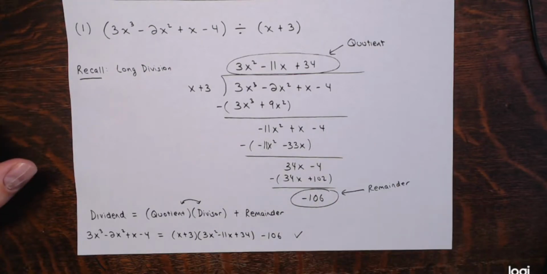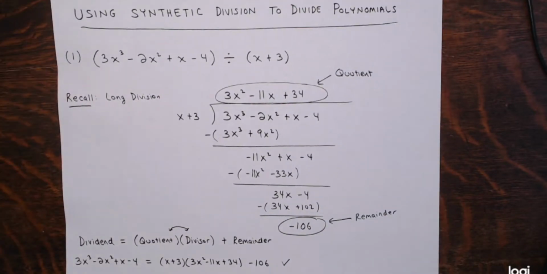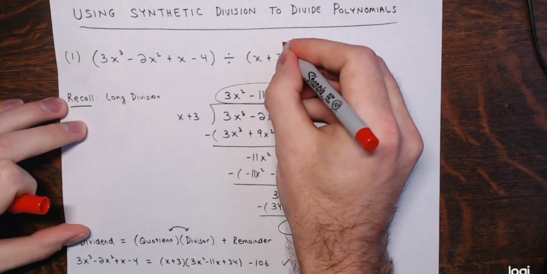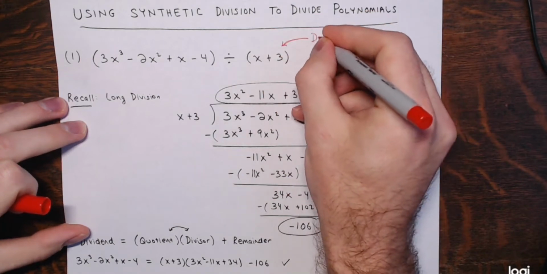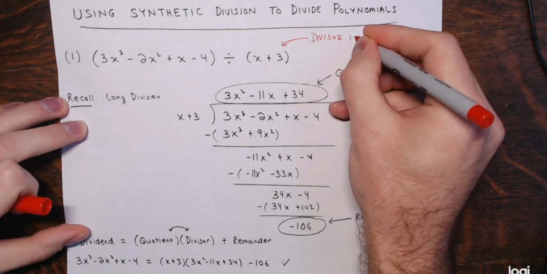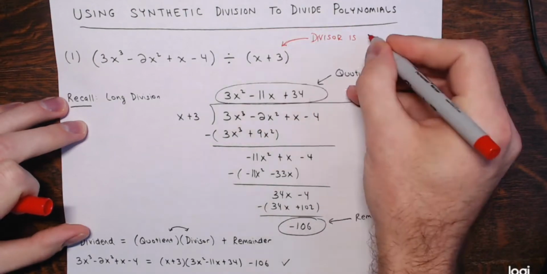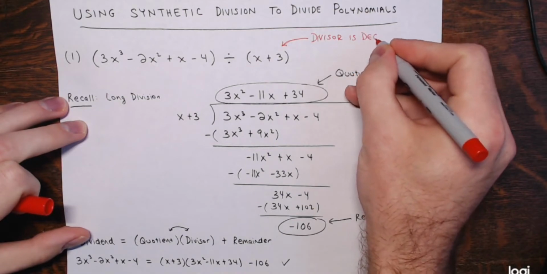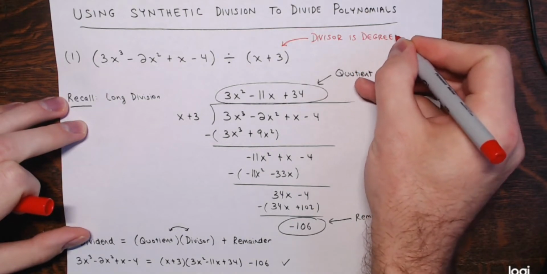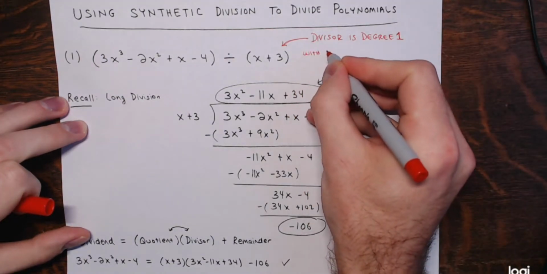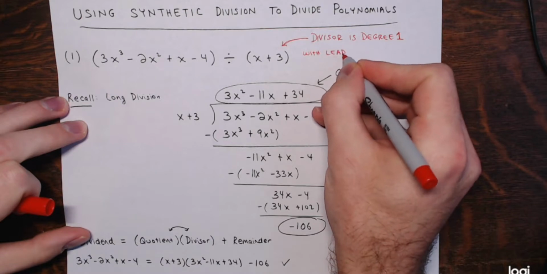Now, because the divisor is degree 1, an x to the first power polynomial, the divisor is degree 1 with lead coefficient 1. Very specific.